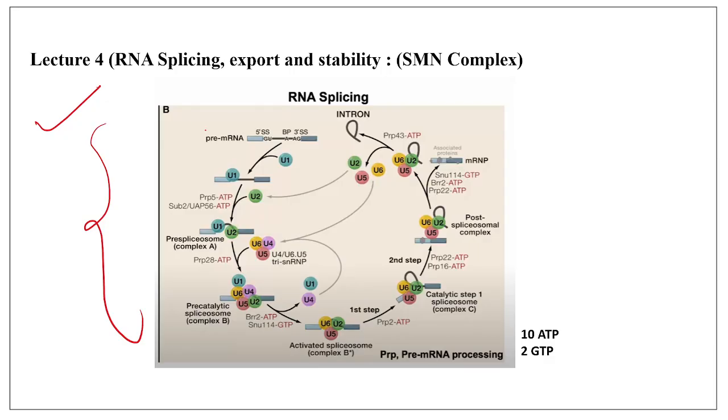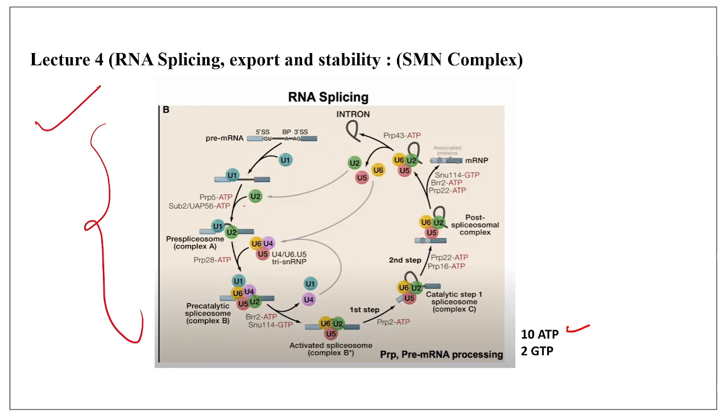See, 1, 2, 3, 4, 5, 6, 7, 8, 9, and 10. So 10 ATP and how many GTP? 1, 2. So 10 ATP and 2 GTP are involved.